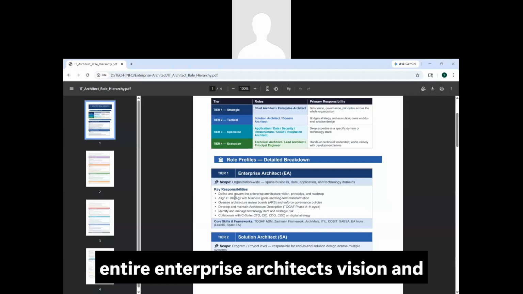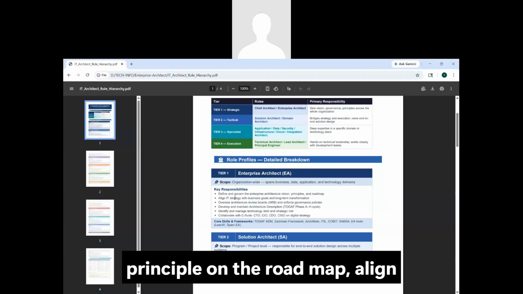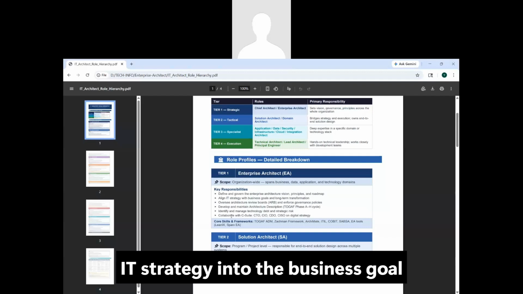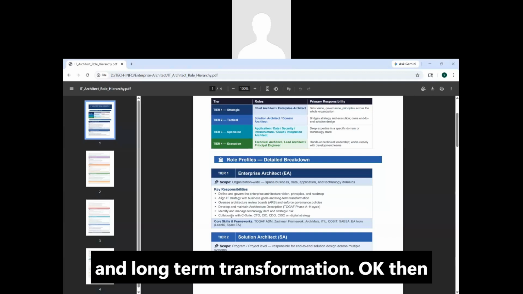As key responsibilities, this person defines and governs the entire enterprise architecture vision, principles and roadmap, and aligns IT strategy with business goals and long-term transformation.